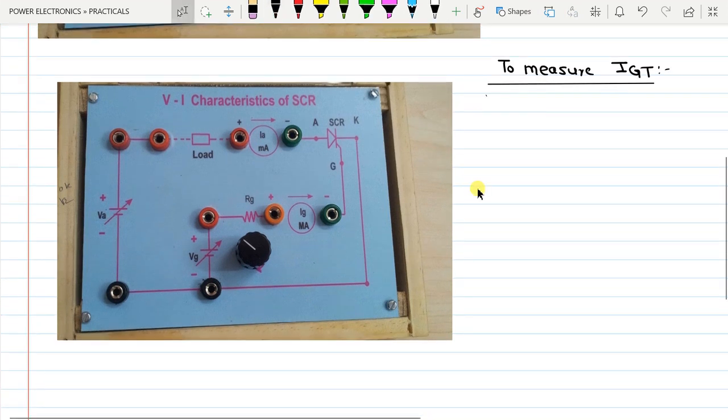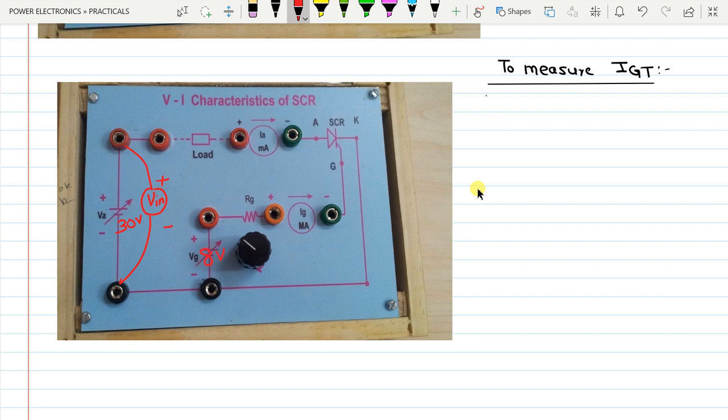So I will show the steps directly in the kit. Vin has to be kept equal to 30 volts. Vg has to be kept as 8 volts.